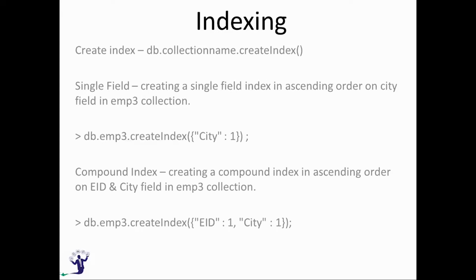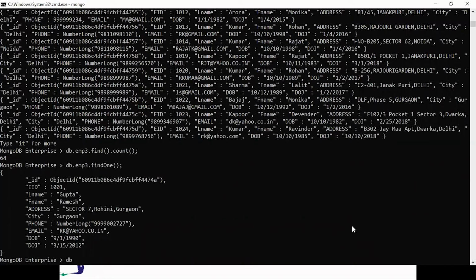Okay, so let's create a single field index. I will say db.emp3.createIndex with city: 1.